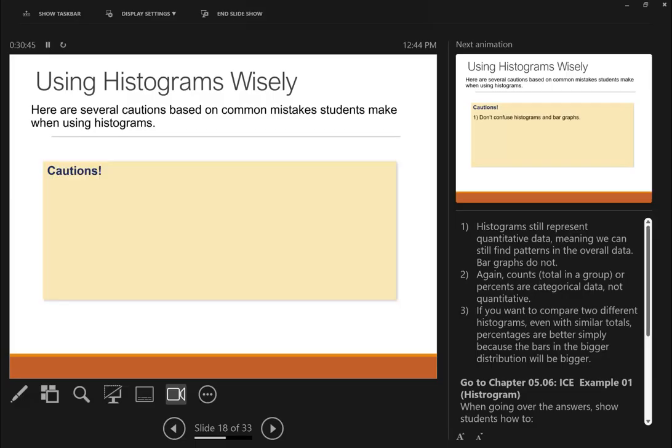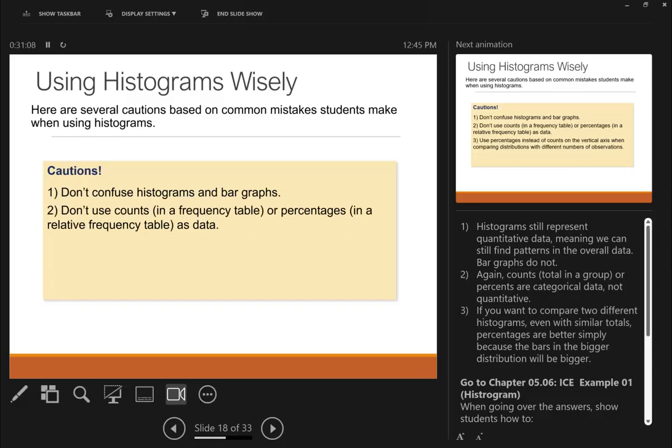Common mistakes about histograms, things to watch out for. Confusing histograms and bar graphs. The x-axis for a histogram has to be grouped data. It can't be like red or orange or purple. You can't just list a value and make a histogram out of that.